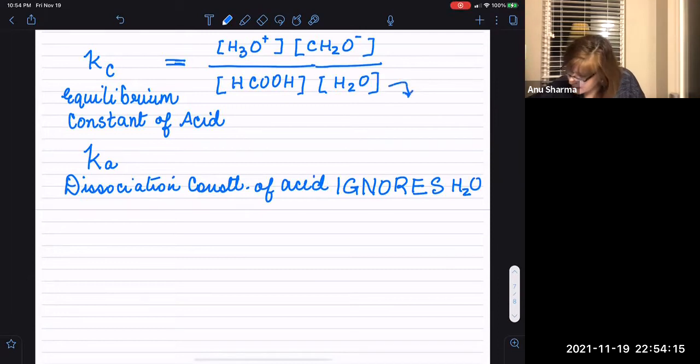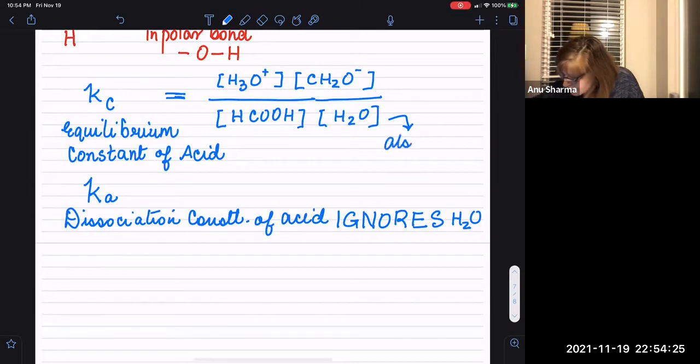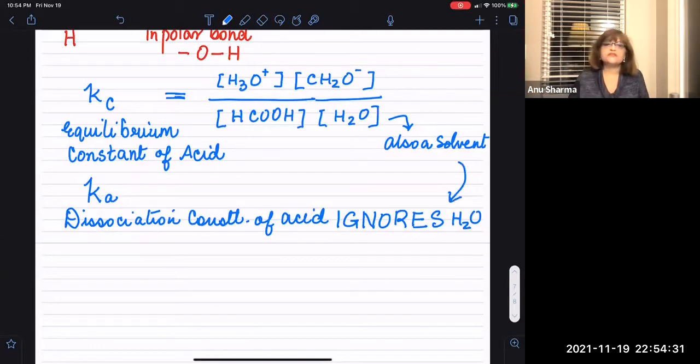If you were to actually measure the concentration of water, it's going to be a lot. But water is also a solvent. So this is the reason why it ignores it, because you don't need to bring it in. Then it just disturbs the whole thing.